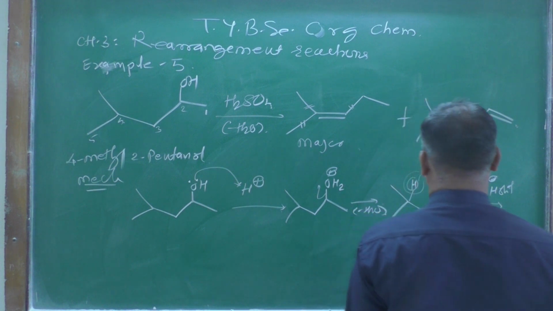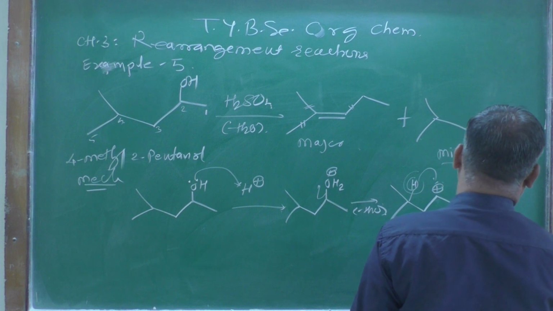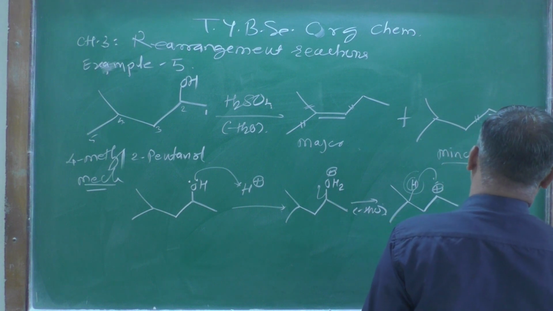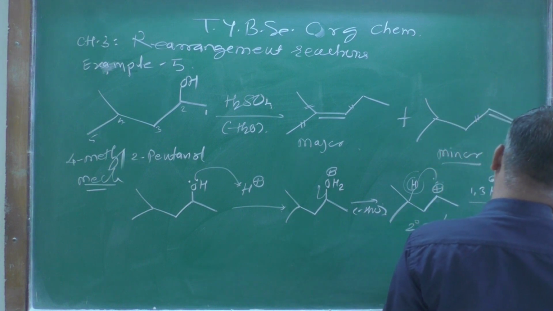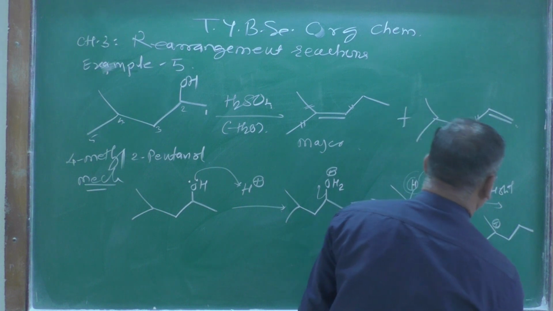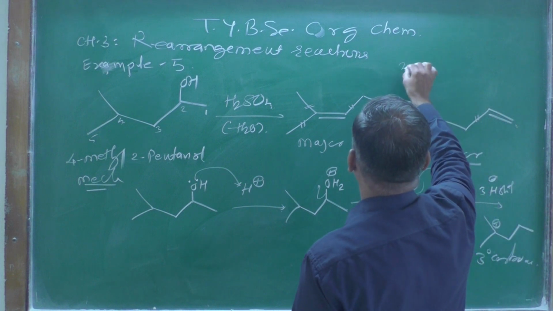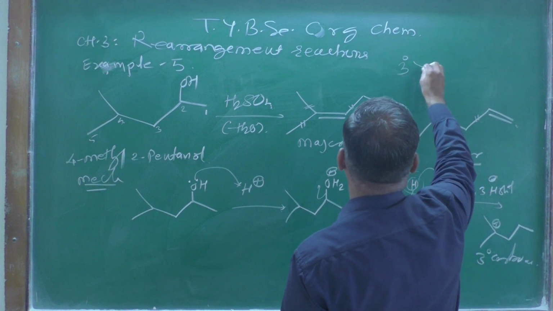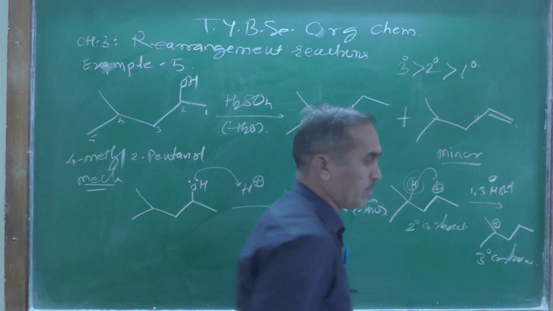And what do you get over here? You are going to get a positive charge on this carbon. And what is this carbocation? It is a tertiary carbocation, right? And as we know the stability order, a tertiary carbocation is more stable than secondary, than the primary carbocation.